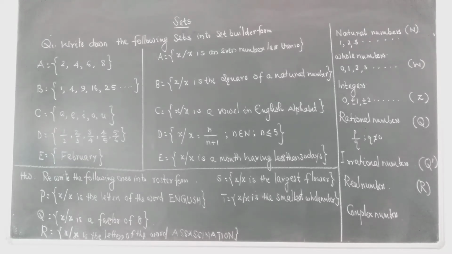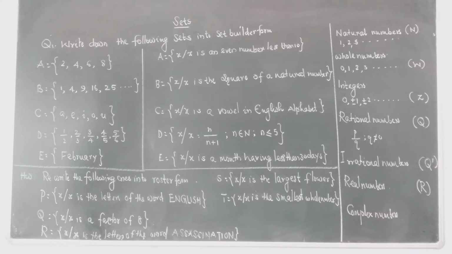Today we are going to continue the same topic on sets with a few more examples and just a quick revision of yesterday's class. We were saying that a set is a collection of well-defined objects.